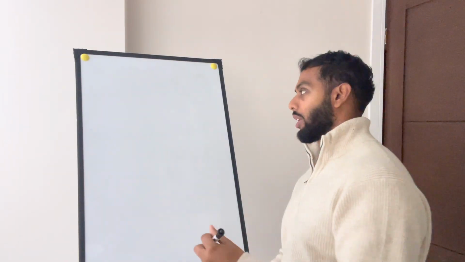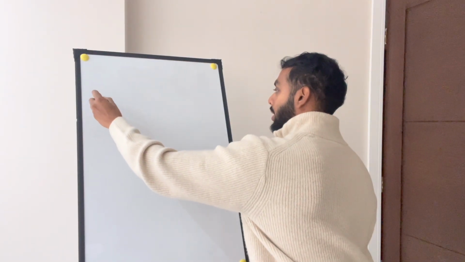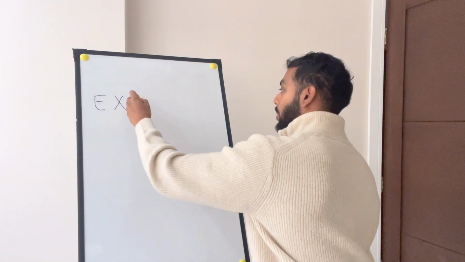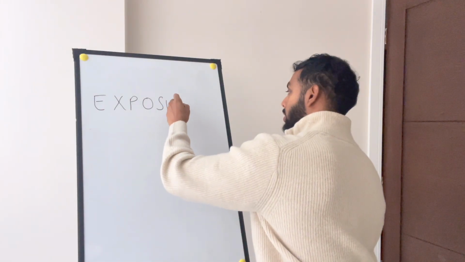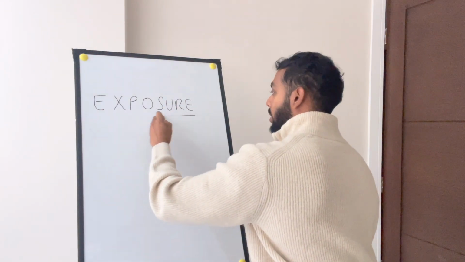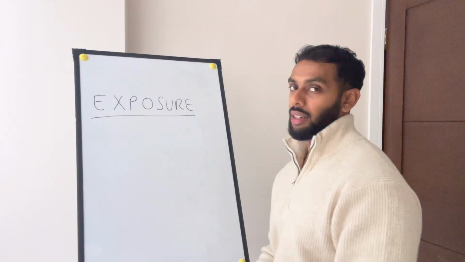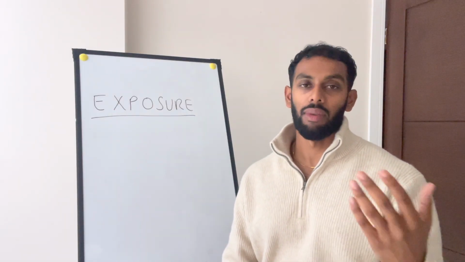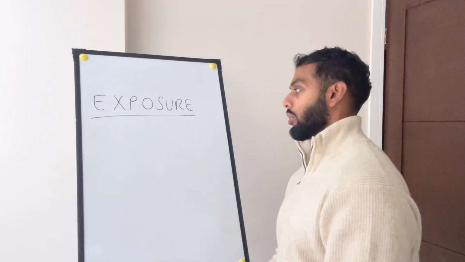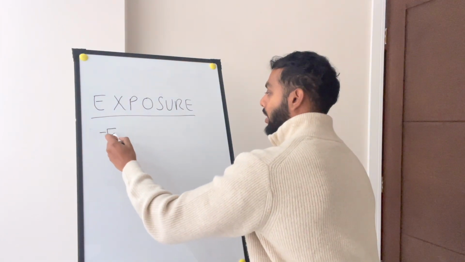Now we have to do the final one, which is E. And E is exposure. So for exposure, the reason we're doing it is to make sure that we've been thorough, that we haven't missed anything out. So for this stage, we have to fully expose the patient.